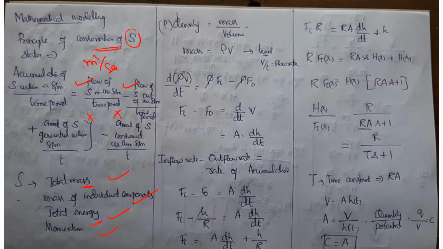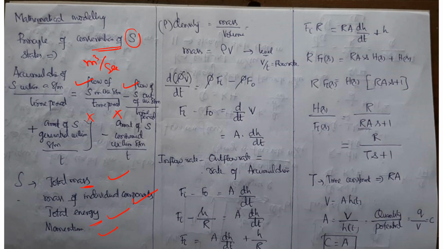Once it is done, we can use simulation software like MATLAB or Python, and from that we can check whether this system works based on our requirement or not. Then we'll invest the money, purchase, and go for the direct implementation of the system. For that, modeling is important.